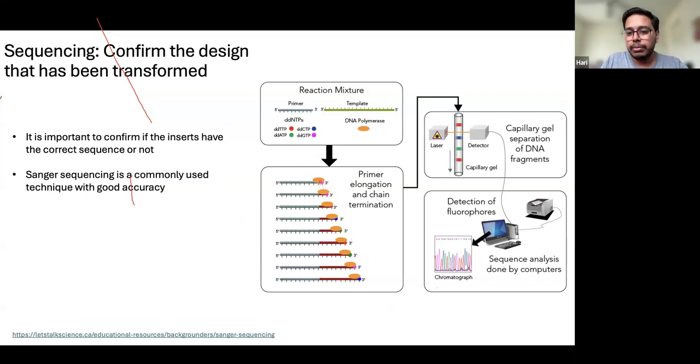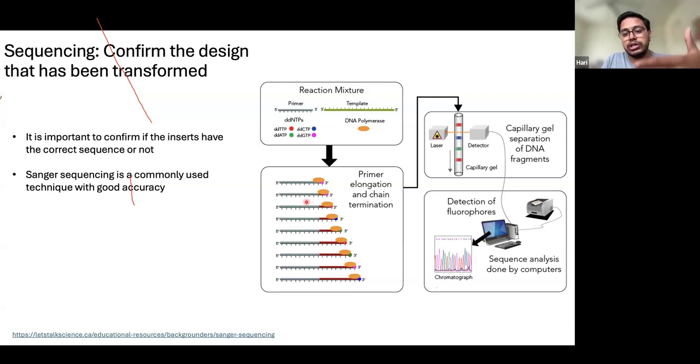Based on that property, we will have termination of the DNA polymerase elongation at different nucleotides of the DNA, and then we will have an array of all the possible sequence combinations in that particular DNA sequence.